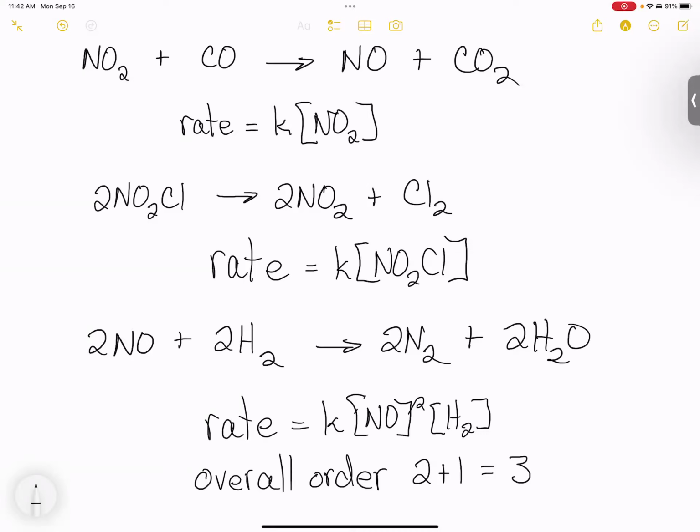Now, it's hard for a reaction to get going if it's based off of 1 molecule, like in this first one and in the second one. 2 is probably ideal. 3, you're getting to the maximum. You very rarely are going to see anything that has an order of 4 or more, because it would be hard for 4 molecules to react simultaneously with the correct energy, with the correct orientation at the same time, all of that jazz.